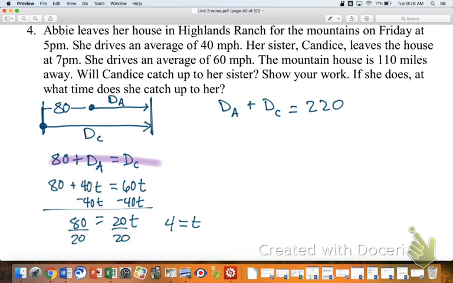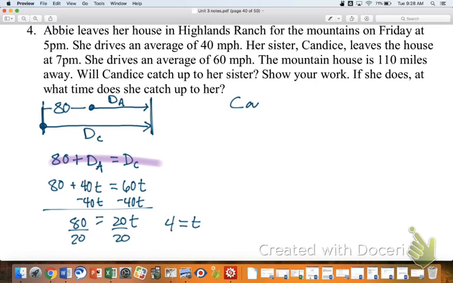Could we do distance equals r times t to check our answer? Because we know the time and their rate now. We still haven't really answered the question yet, right? Well, yeah, but that's the time that they'll catch up. So we could use 4 because that's how many hours. Okay, so let's use that.